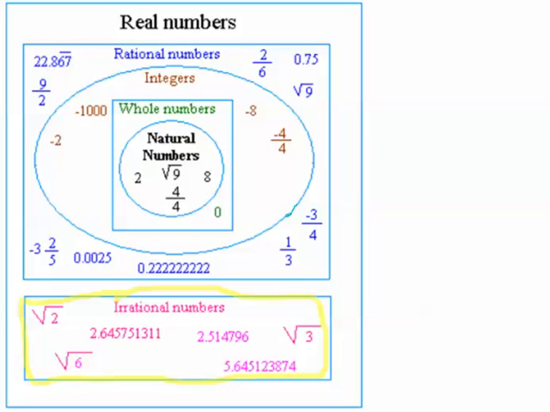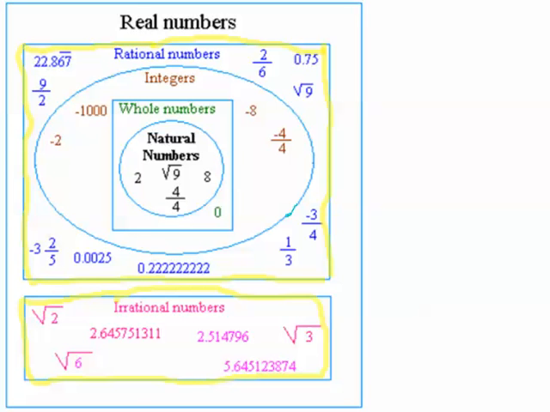So there's the irrationals, and here are the rationals. Notice they're separated. You can't be both rational and irrational. You have to be one or the other. Also notice that we have these two blocks are both inside the real numbers.